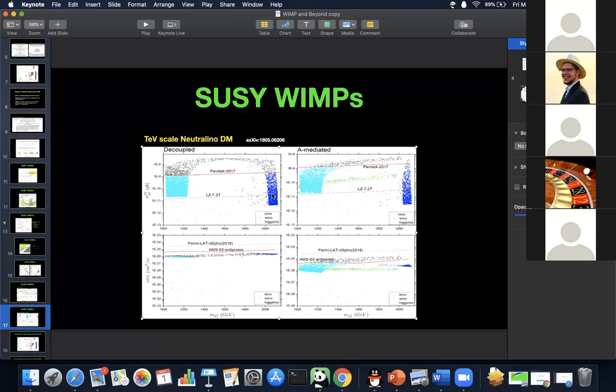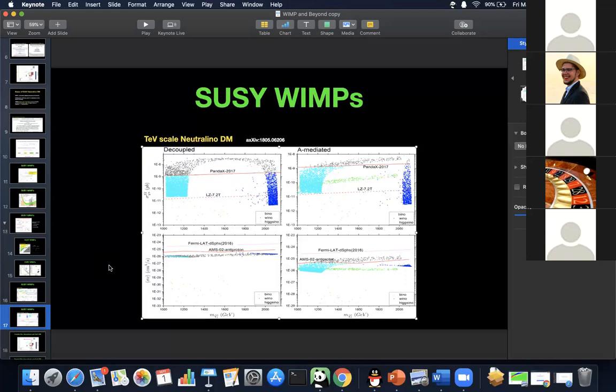In the lower panel, we also studied the indirect constraints, but they are much weaker than the direct detection. So in these three scenarios, we looked at the very light GeV scale dark matter, the 100 GeV neutralino dark matter, and also the TeV scale dark matter.